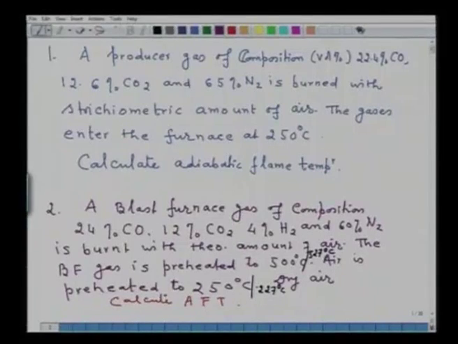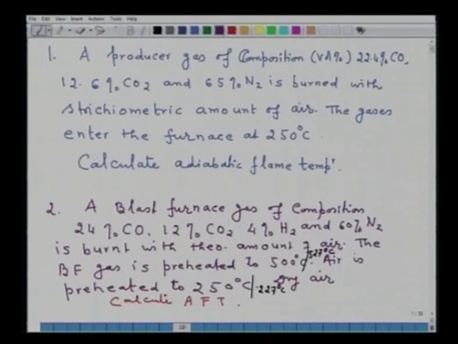Now, I have given one more problem, that was a producer gas of composition 22.4% CO, 12% CO2 and 65% nitrogen is burned with stoichiometric amount of air. The gases enter the furnace at 250 degrees Celsius, you have to calculate the flame temperature. Now, I will go very quickly, just I will give you some method and then you can solve yourself.